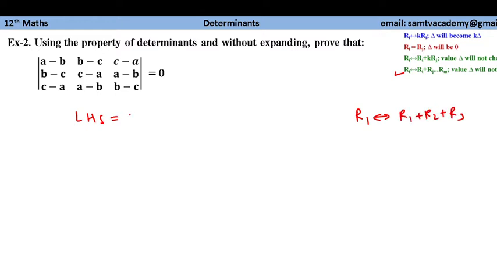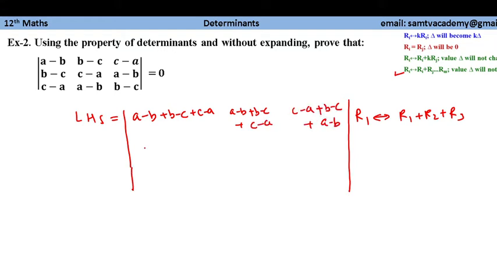So we write here A minus B plus B minus C plus C minus A. Now the next entry will become A minus B plus B minus C plus C minus A. Now the third entry will become C minus A plus B minus C plus A minus B. The other rows R2 and R3 will remain the same as they are: B minus C, C minus A and A minus B, and the third row also the same, C minus A, A minus B and B minus C.